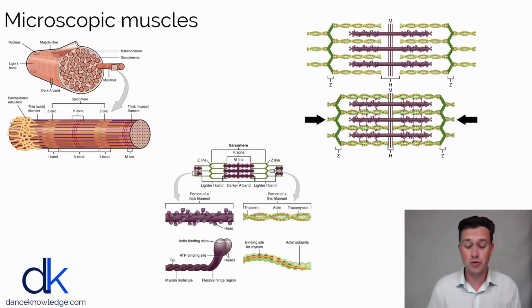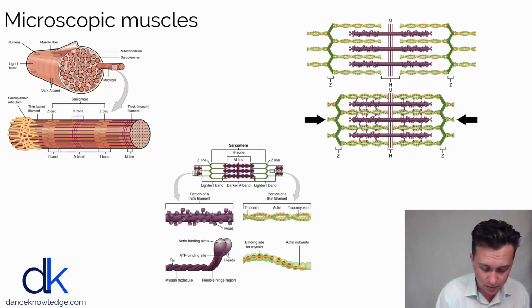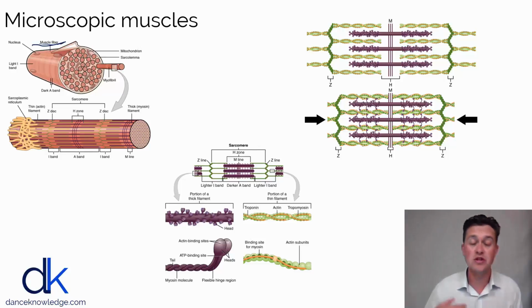So if you remember from the previous video, we were looking at muscle at a macroscopic level, and the muscle fiber that we can see here was the smallest unit that we dealt with. Now, a muscle fascicle is really just a bundle of muscle fibers, and a muscle itself is really just a bundle of muscle fascicles.